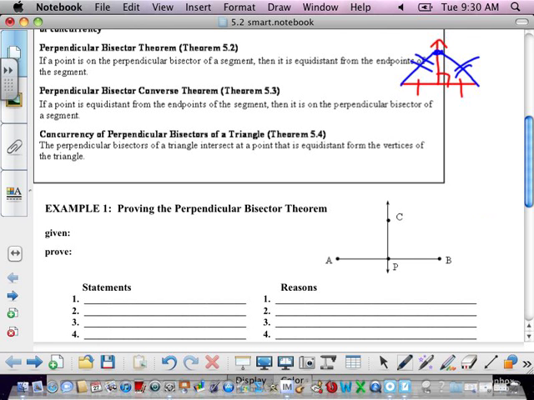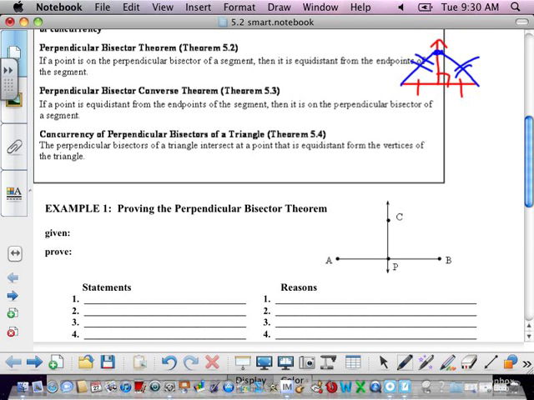Okay? If a point is equidistant from the endpoints of a segment, then it's a perpendicular bisector. If we know the two blue lines are the same length, we know that it forms a perpendicular bisector down the middle.